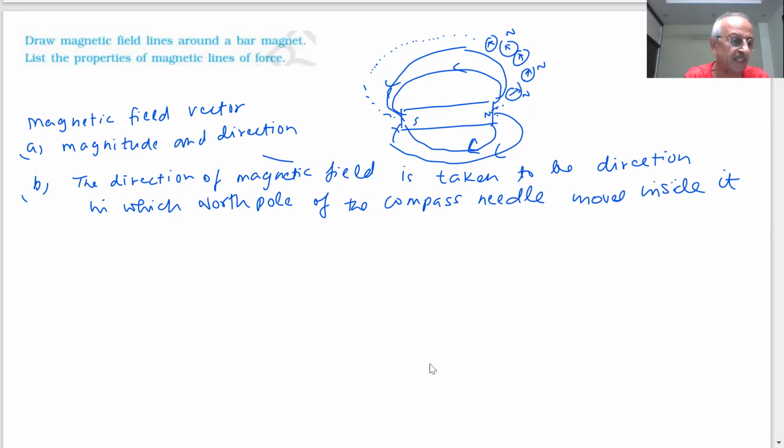So by using the compass needle, we can find out the pattern which will be there. This is a convention. We have taken it and assumed it.